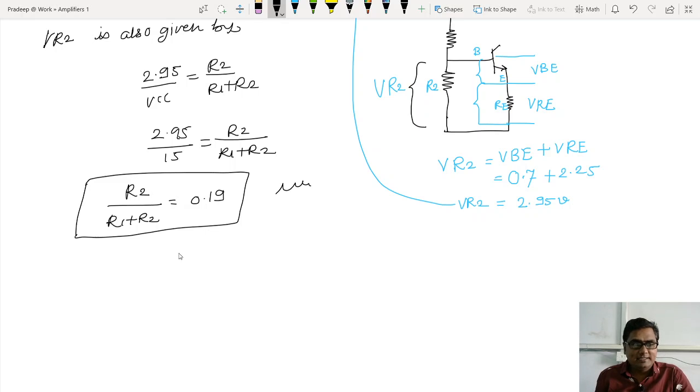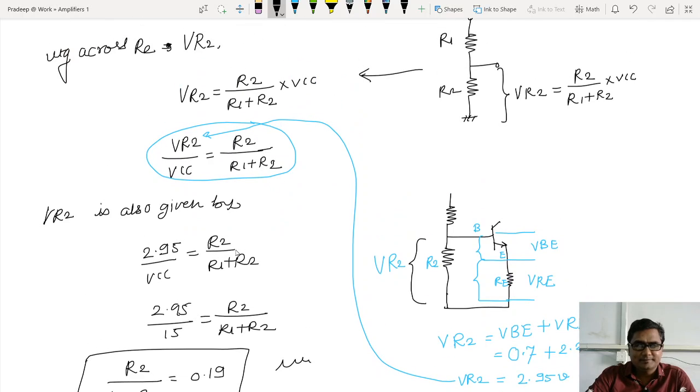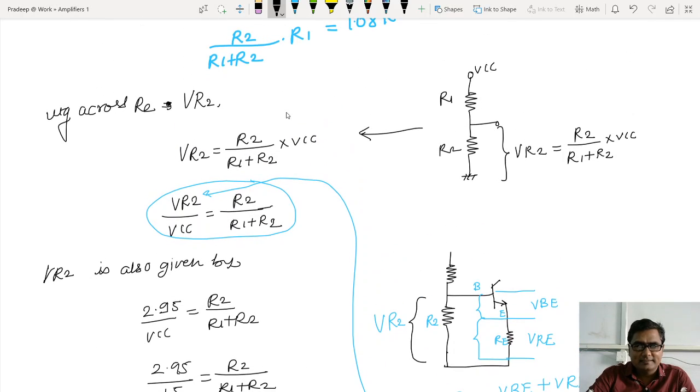R2 divided by R1 plus R2 is equal to 0.19. Where I need to put this value is in this equation.